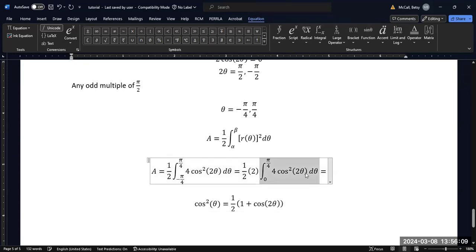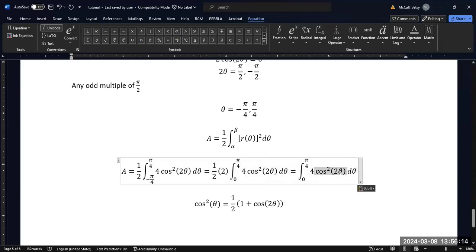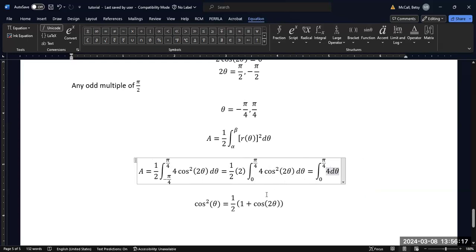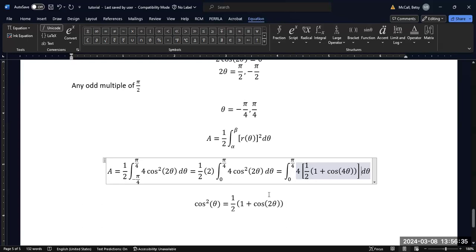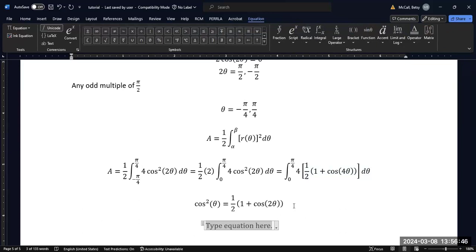So when I recreate this over here and replace my cosine squared of 2 theta with this expression, I'm going to have to double my angle again. So it was 2 theta, and now it's going to be 4 theta. So doubling that angle. The 1/2 and the 4 can simplify a little bit, and so that's going to leave me with 2.